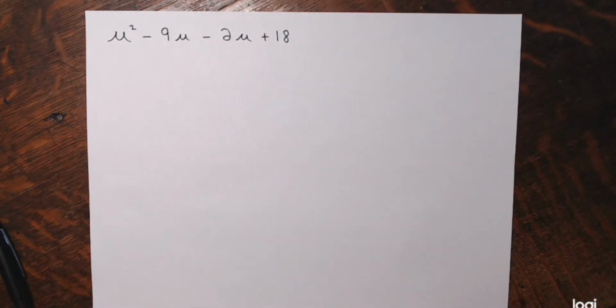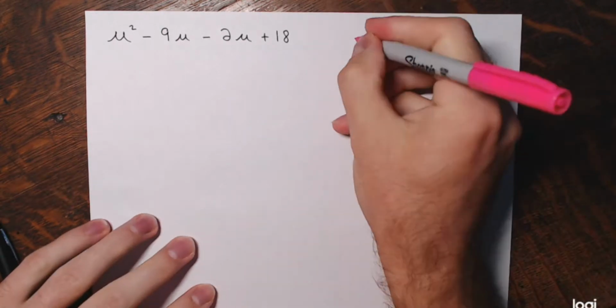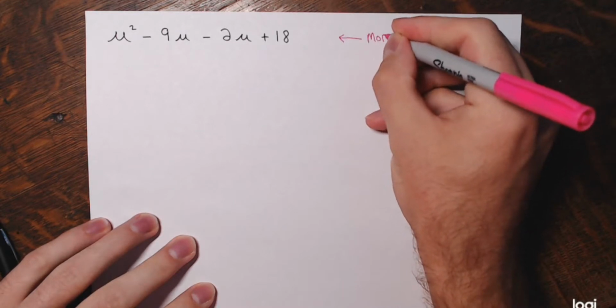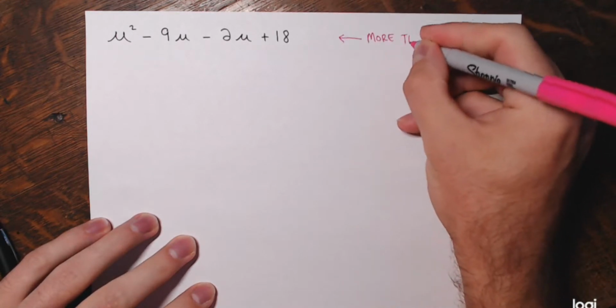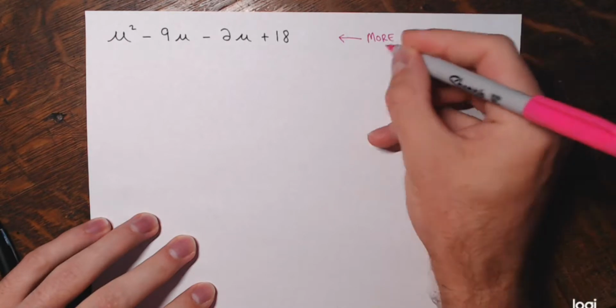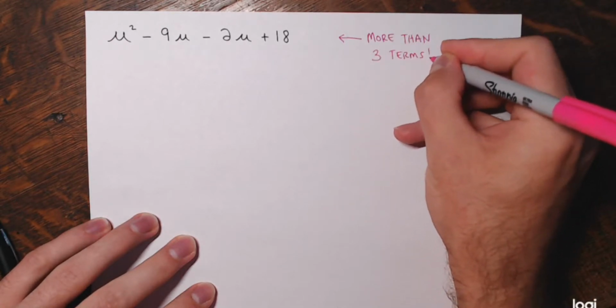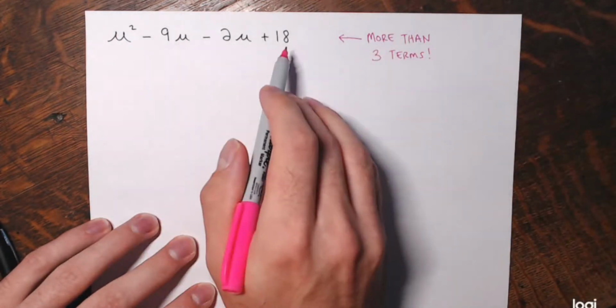So as I said, we typically will attempt to factor by grouping if there are more than 3 terms, which we are seeing here. The way this is written, there are 4 terms.